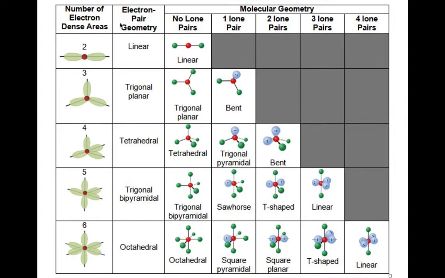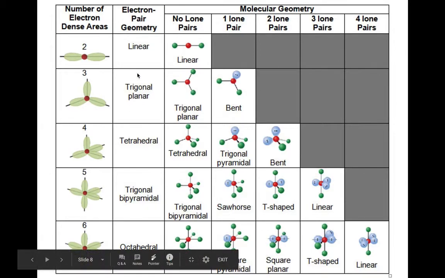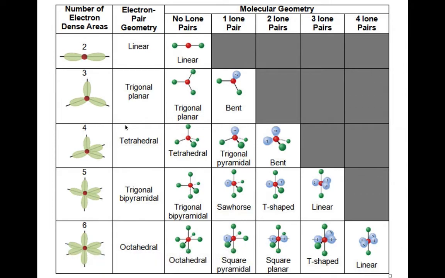Once we knew the electron domain geometry, or the number of electron domains, electron bubbles, we could figure out the molecular geometry by imagining the electron domain geometry and then replacing sites with lone pairs as necessary. So remember, for example, if we had 4 electron domains, we'd have the tetrahedral electron domain geometry.